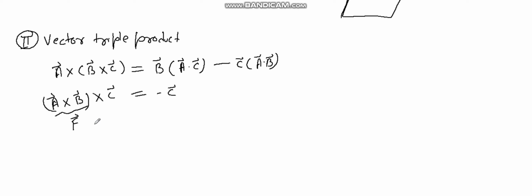So the final will be F cross C. So what we are doing is converting it into C cross F, but to do that we need to add the minus sign, and then expand this F as A cross B.